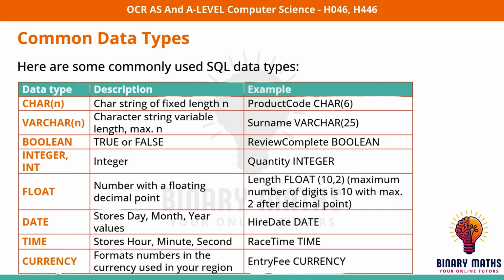Decimal. This is used for numbers with decimal points. The P stands for precision, total digits, and S is the scale, digits after the decimal. For example, decimal 10, 2 can store numbers like 1234567.89.